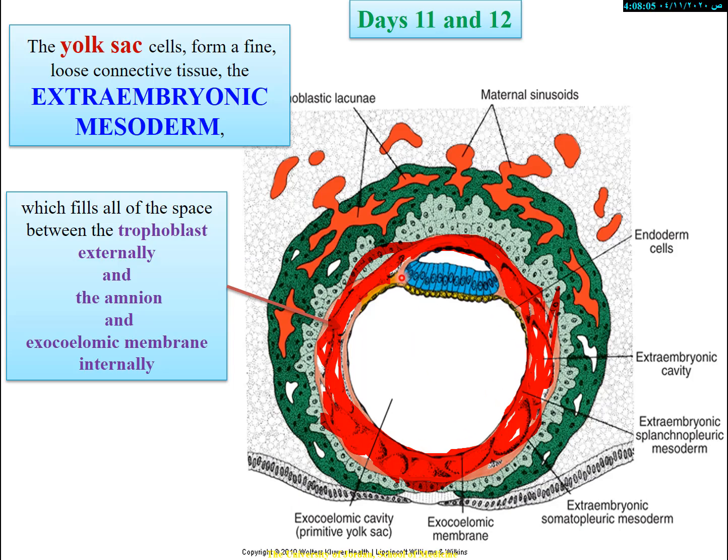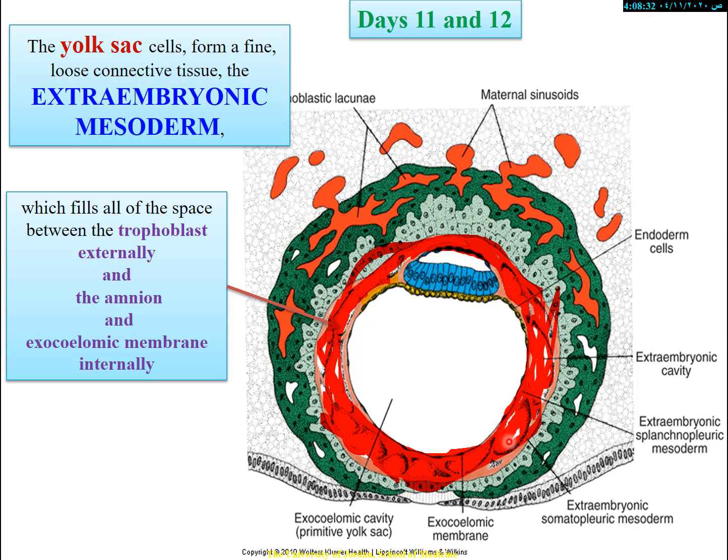Now, as the cells of the primitive yolk sac send cells as extraembryonic mesoderm, this extraembryonic mesoderm would surround the whole embryo, and even the amniotic cavity, and it would surround the primitive yolk sac.